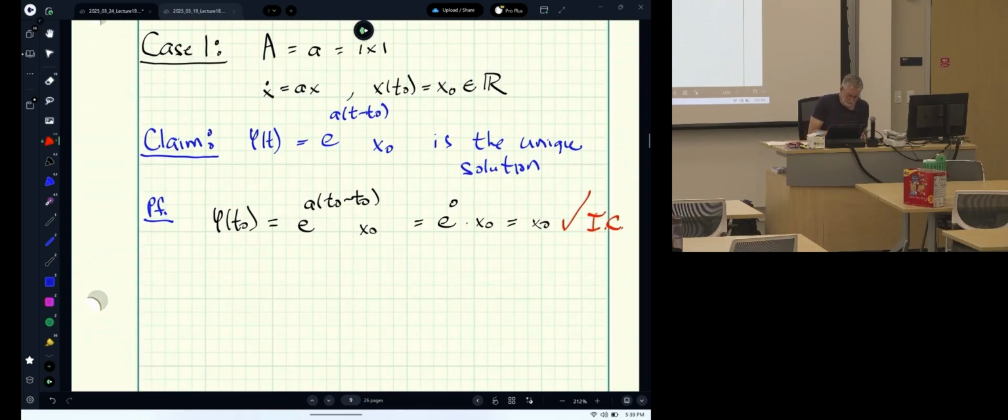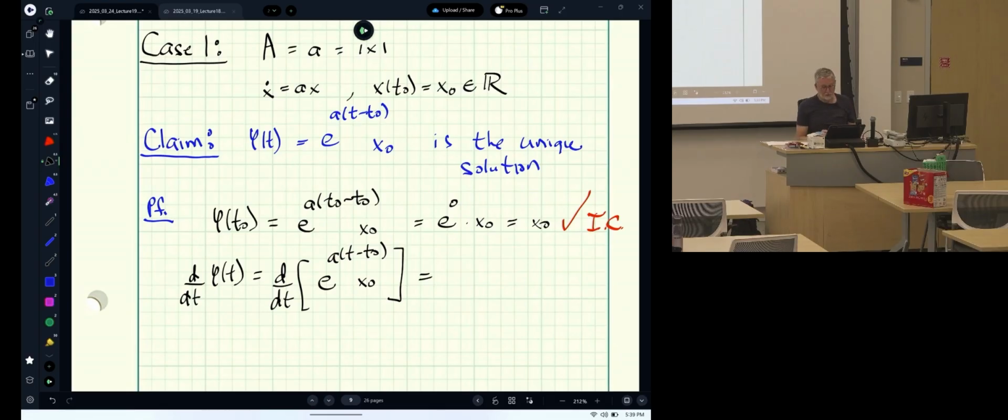Keep reviewing this concept because it's so important. Now we calculate the derivative. So d by dt of e to the a(t minus t0) x0. The derivative of the exponential, we get the a that comes down.